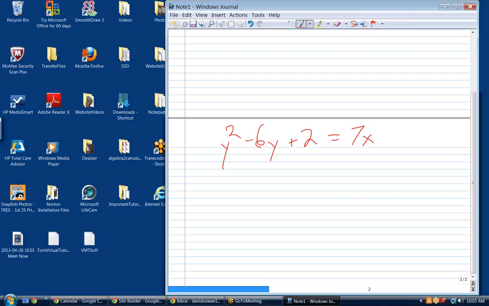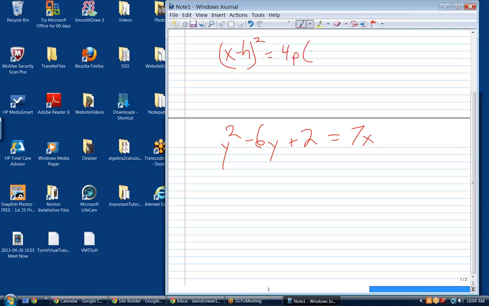It's funny how when you bounce back and forth between different formats, it's hard to remember the format. So here are the two common formats. If it's a vertical parabola, then it's (x minus h) squared equals 4p times (y minus k).